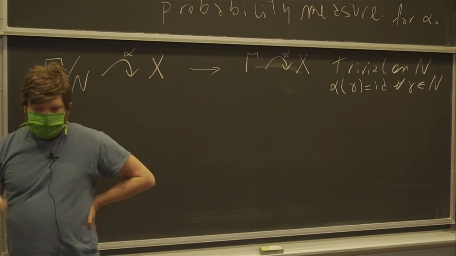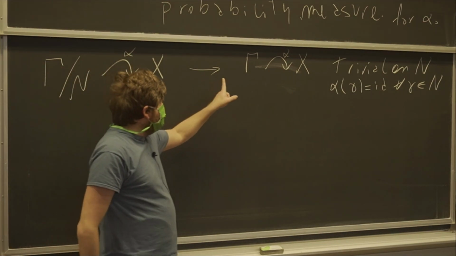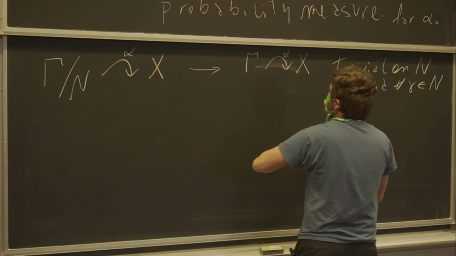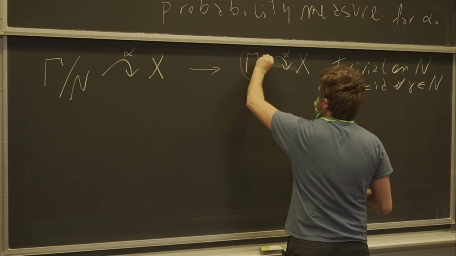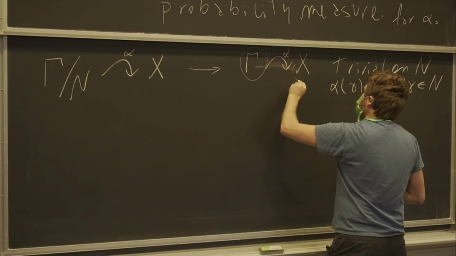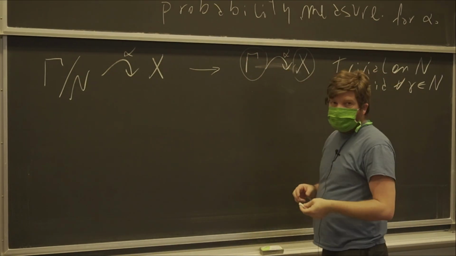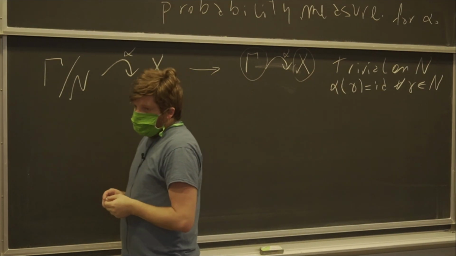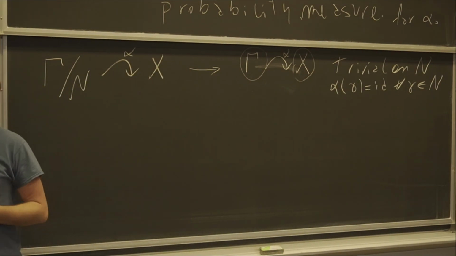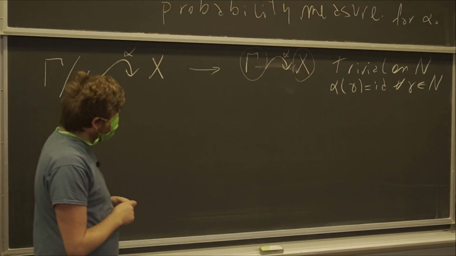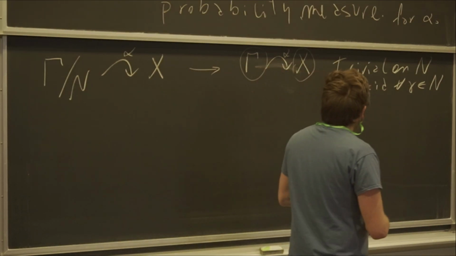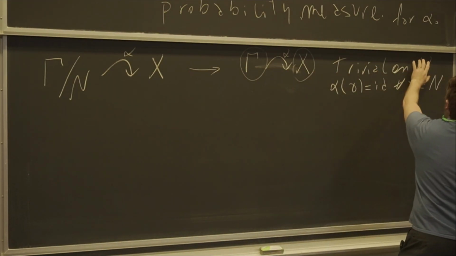Okay? So now we have the action of this lattice gamma on this compact metric space, which is trivial on N.